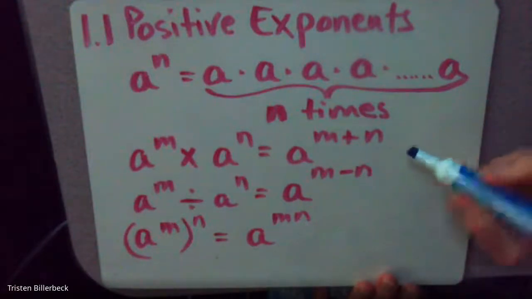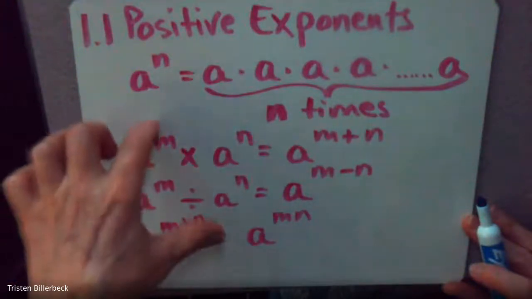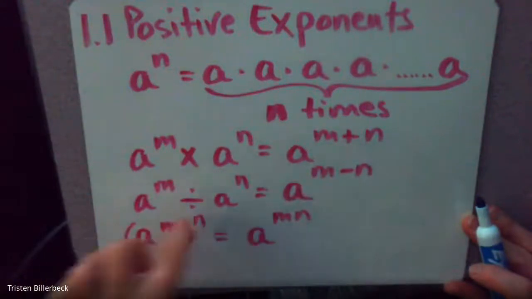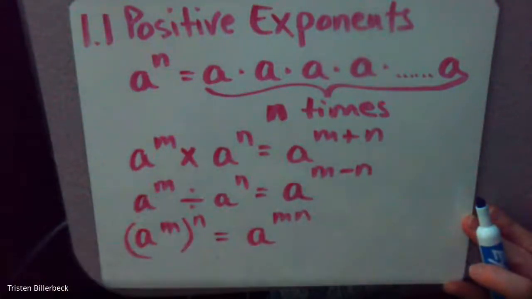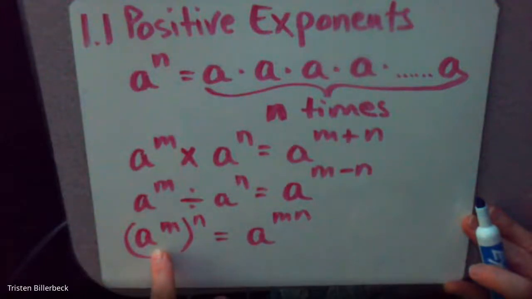So in each case, we have a different scenario. When we have a base with an exponent being multiplied, we add them. When we have a base with an exponent and we're dividing, we subtract. And when we have only one base with two exponents, we multiply.